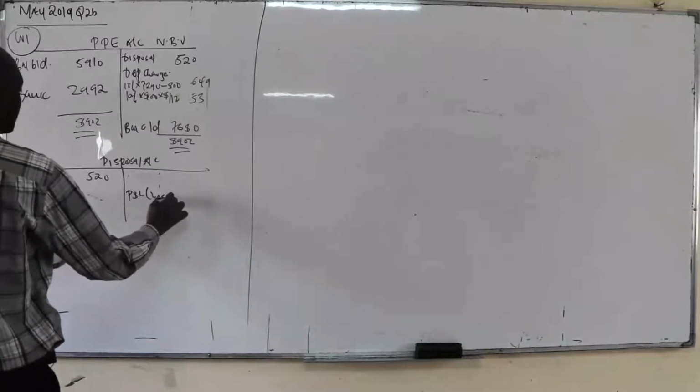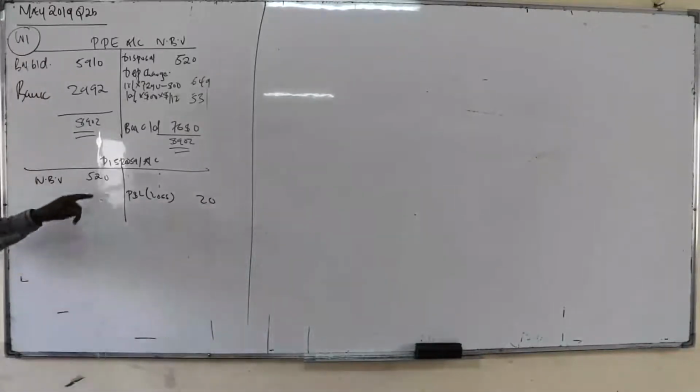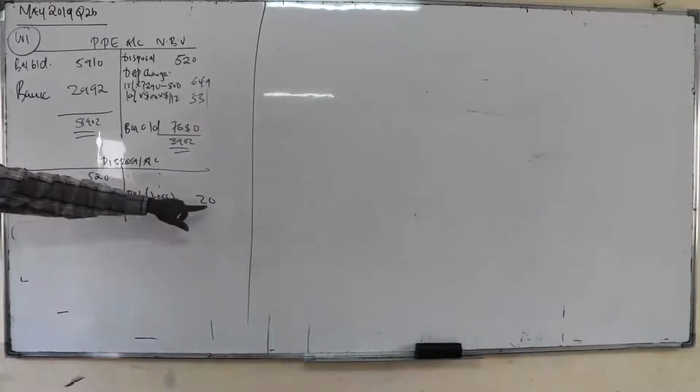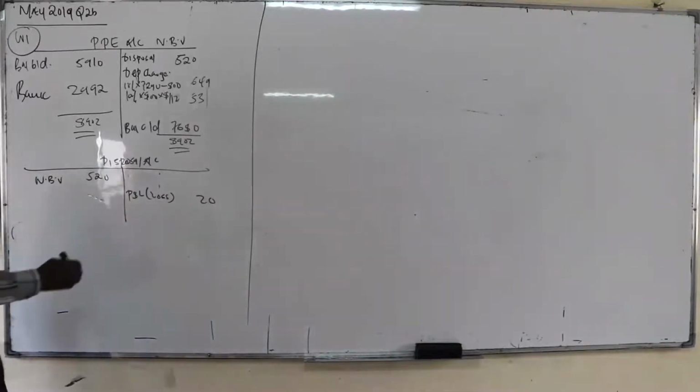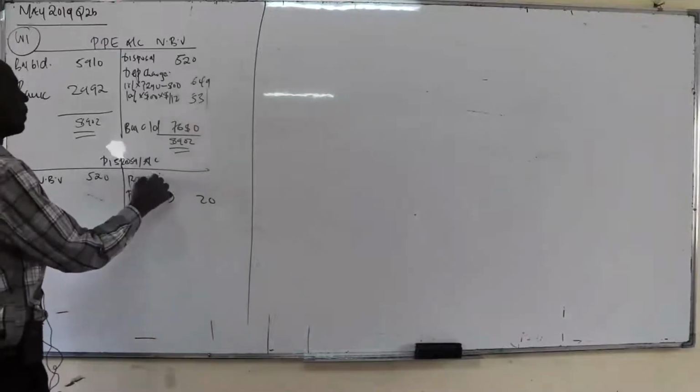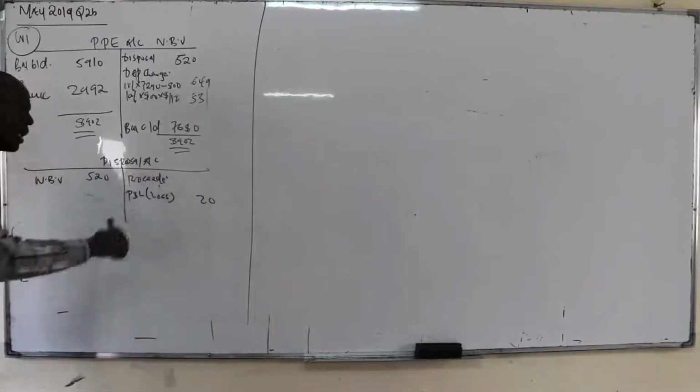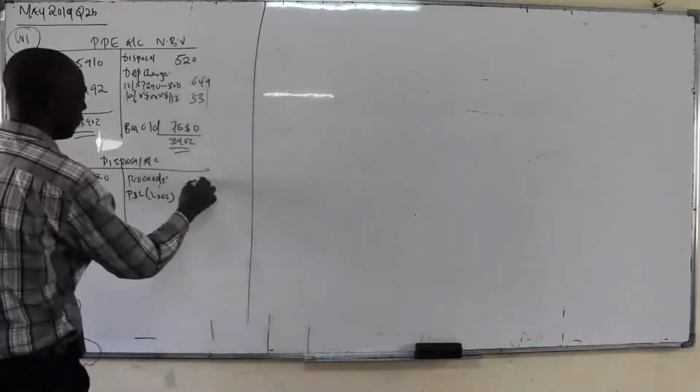Loss of 20. So the purpose of opening this account is either to get this loss or to get the proceeds. If you've been given the loss, then they want you to get the proceeds. So the proceeds here will be how much? 520 minus 20, 500.